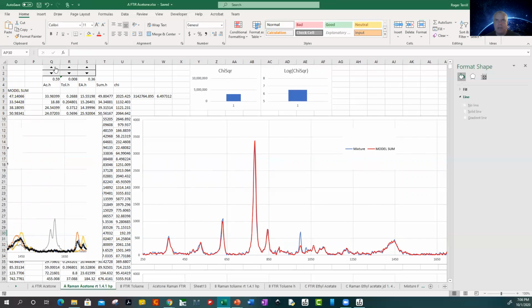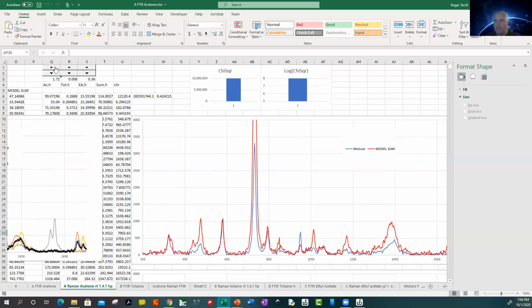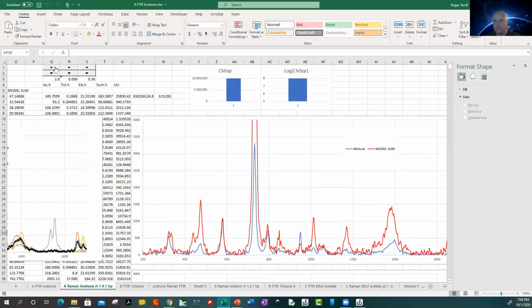And what that means is that, let's say I make the acetone spectrum super huge, right? So this spectrum, the red spectrum, is looking more and more like just the spectrum of pure acetone with a little bit of ethyl acetate, you know?